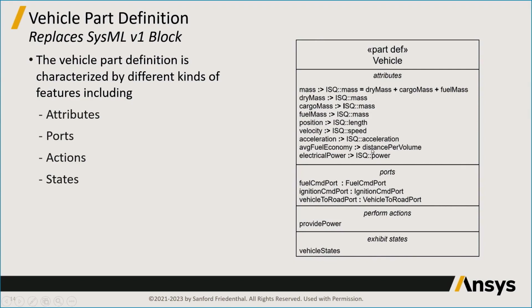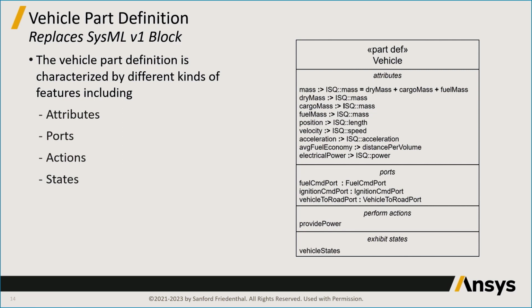So you can see that we've named this distance per volume, similar to miles per gallon. And basically, you just set up an expression that this is based on distance and volume, which are in the library. So you can combine and do simple arithmetic on the quantities to derive new quantities. And that's very, very powerful.